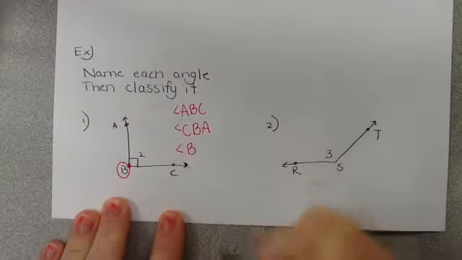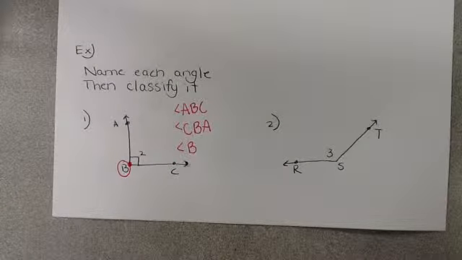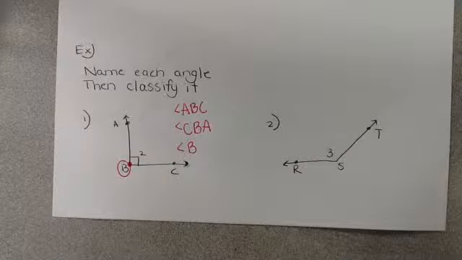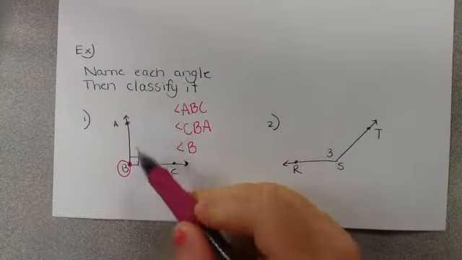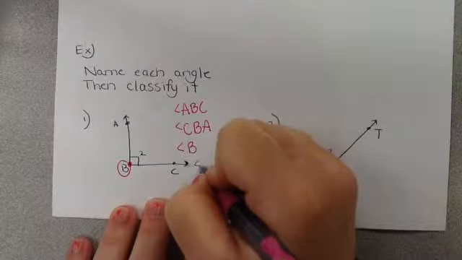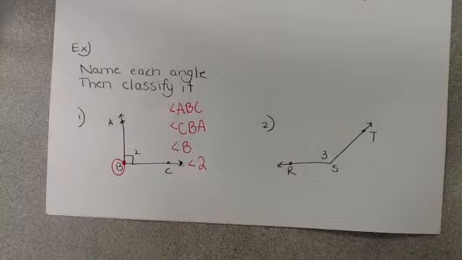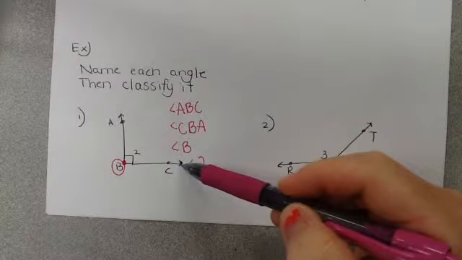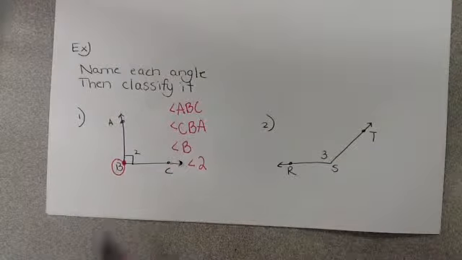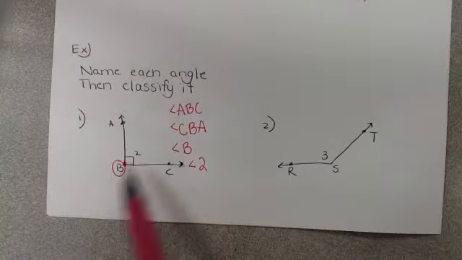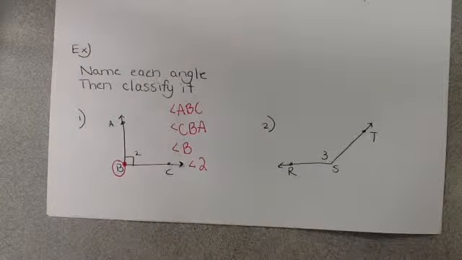We can call the angle just by its vertex, angle B. And lastly, the number inside, we can call this angle 2. So 4 different ways we can name this: using all 3 letters, both ways, by just the vertex or that center point, or by the number inside.